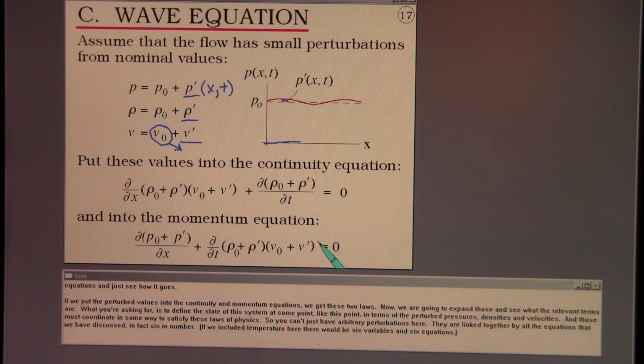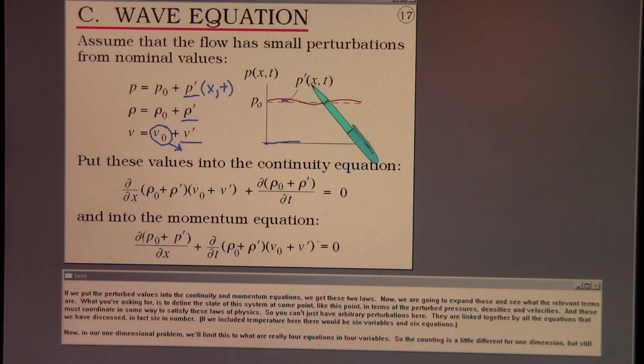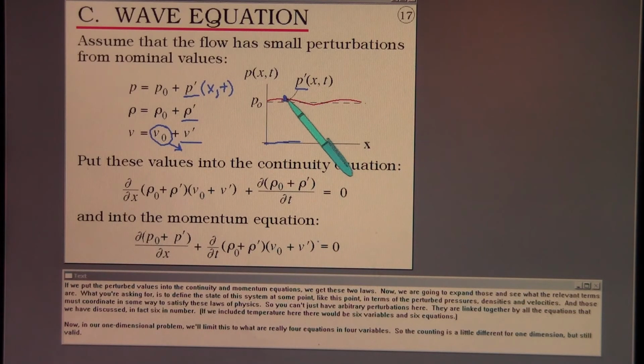Now, we're going to expand those and see what the relevant terms are. What you're asking for is to define the state of this system at some point, like this point, in terms of the perturbed pressures, densities, and velocities. And those must coordinate in a way to satisfy these laws of physics. So you can't just have arbitrary perturbations here.